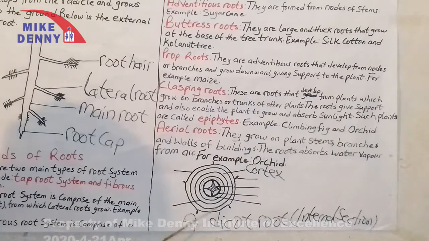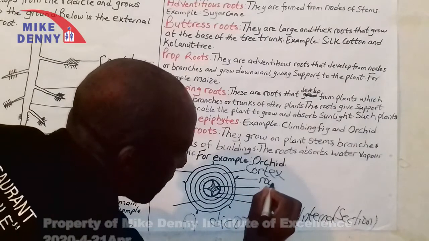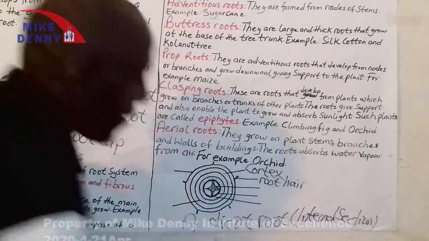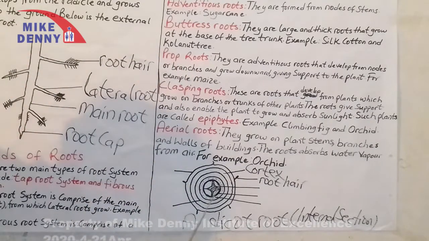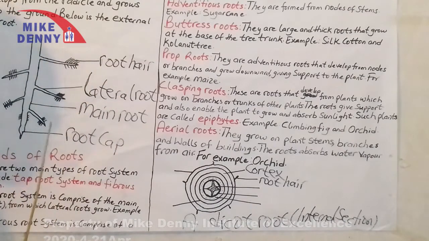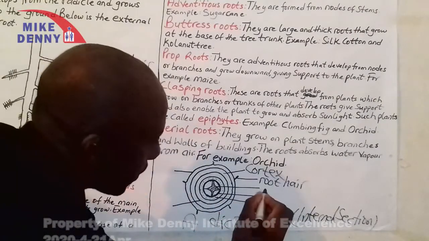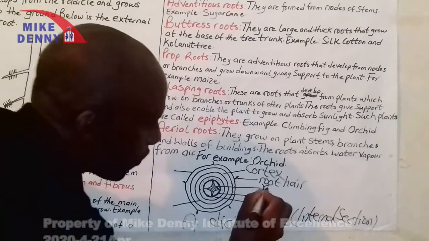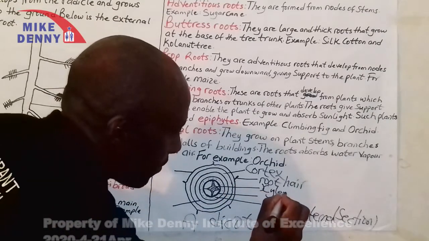Looking at this and what we have seen in the external structure, can somebody suggest this part? Good. She says root hair. Then we have three parts here, very key parts of the roots. One is inside, one is outside, then there's one in the middle. These parts make up what we call the vascular bundles. The one that is inside, we call it xylem.